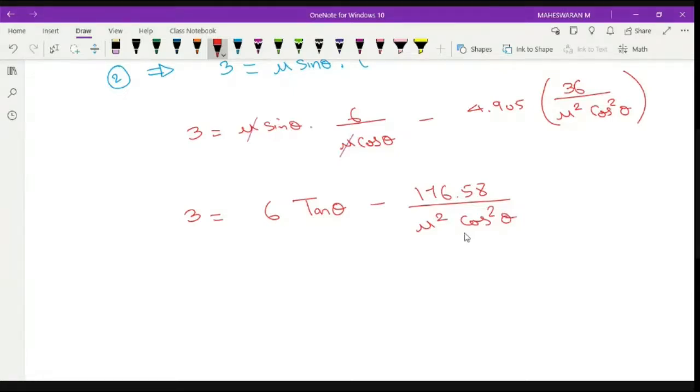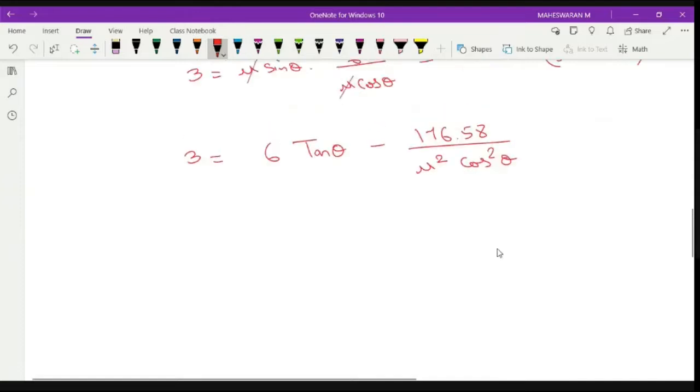Now let me bring this to the other side. My concentration is on this u square. I want u square on one side and the others on the other side, so that it will be easy for me to identify. So I'm going to change this accordingly.